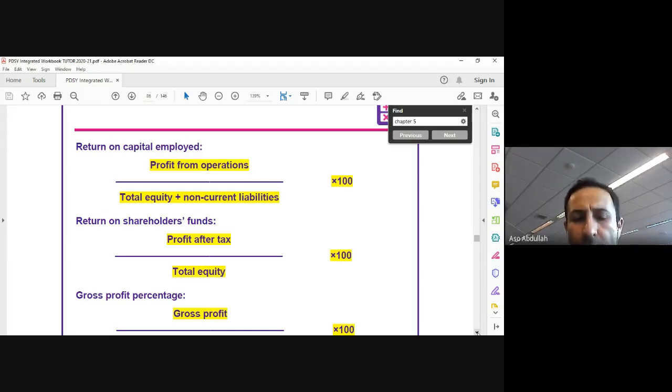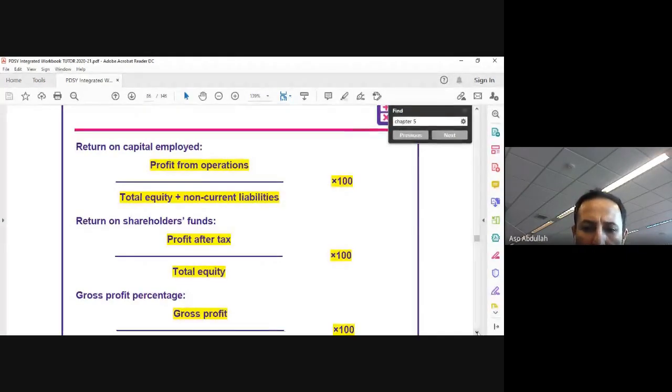So you are expecting whether each shareholder is going to receive £3, £4, £1.50, or sometimes zero. So that's why some investors look at this ratio, interpreting how much they will get back based on their investment.